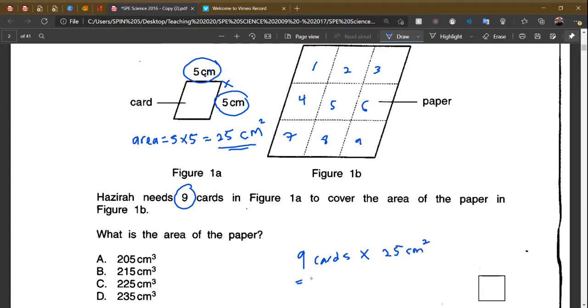Use calculator, don't try to calculate by yourself to avoid careless mistakes. And by using calculator, my answer is 25 times 9 equal to 225 square centimeter. Therefore, the answer is C. There you go.